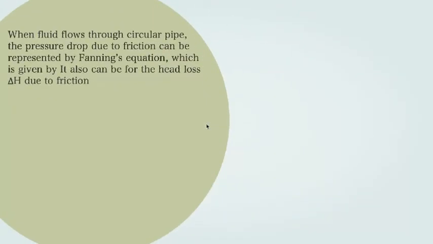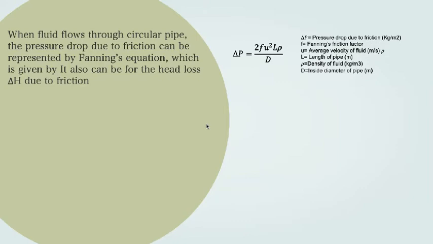So as you guys know and can see on the screen, when fluid flows through a circular pipe, there will be a pressure drop. Mainly the pressure drop is due to the friction, and this can be represented by the Fanning equation, which is, as you can see on the screen, delta P equals 2 times F times U squared L rho divided by D. So delta P is the pressure drop due to friction, F is the Fanning friction factor, U is the average velocity of the fluid, L is the length of pipe, rho is the density of the fluid, and D is the inside diameter of the pipe.